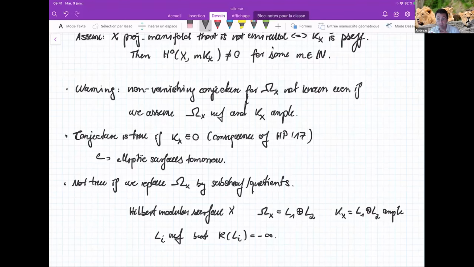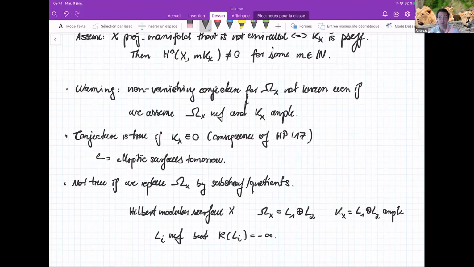We looked at del Pezzo surfaces, del Pezzo threefolds, and hypersurfaces in projective space. In all these three cases, we proved that T_X pseudo-effective implies that there is non-vanishing. So there things still work, at least in these examples.